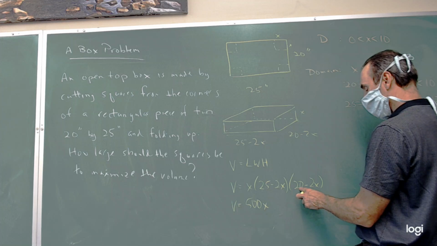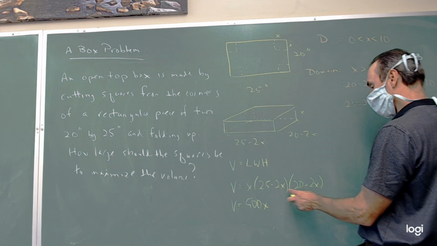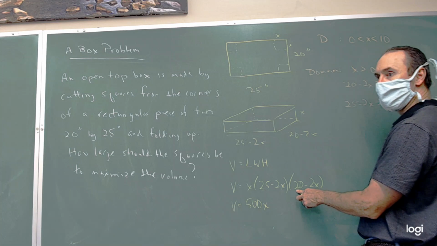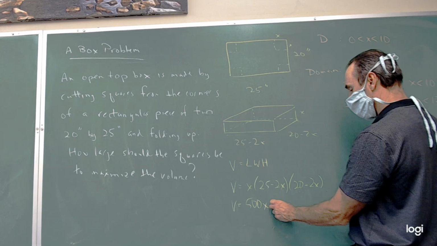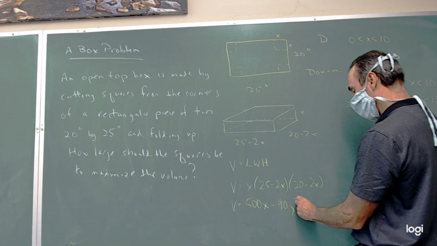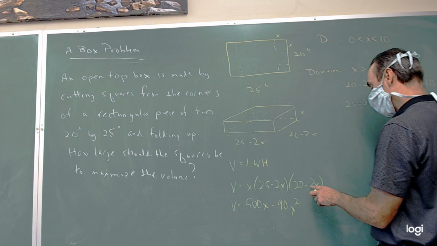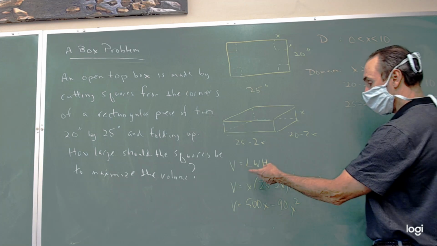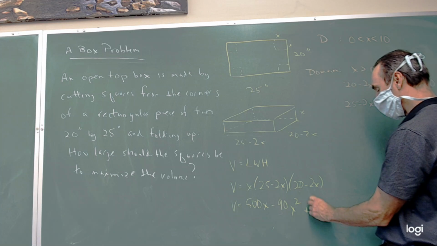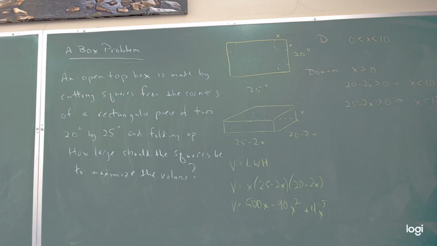Negative 2x times 20 is going to be negative 40x. So negative 50x and negative 40x makes negative 90x squared. That make sense? Negative 2x times negative 2x is 4x squared, times x makes that a plus 4x cubed. So there's our volume formula.